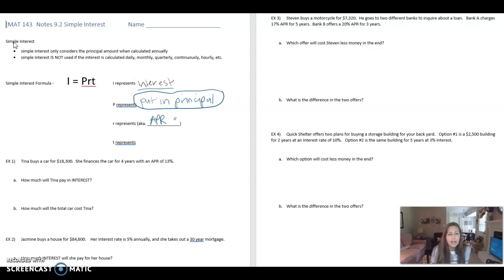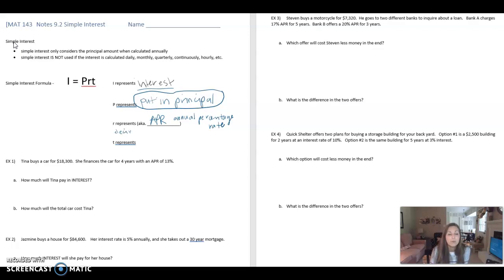That stands for annual percentage rate. Now, Hawks uses this a lot, so you need to be familiar with what APR means. It stands for annual percentage rate. That's very, very, very important. And rate has to be written as a decimal, okay?